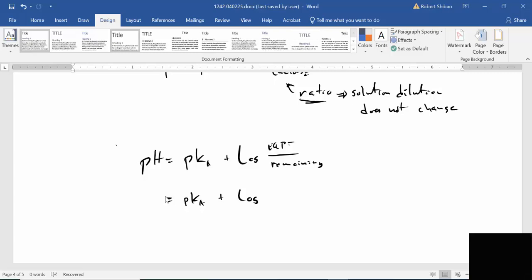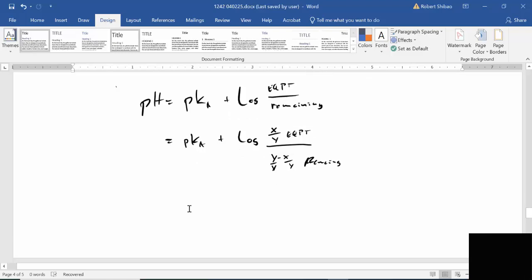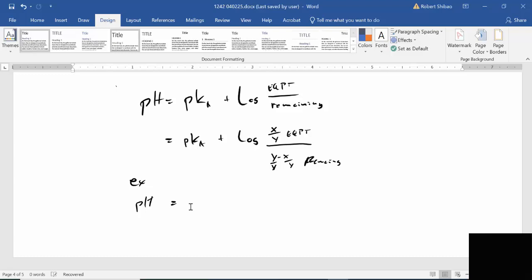It could be whatever over whatever. And so I'll just say x over y, equivalence point, over the remaining. The remaining is going to be y minus x over y. It'd probably be easier just to think in this way. One way of thinking about this is, let me give you an example. The pH of the half equivalence point.